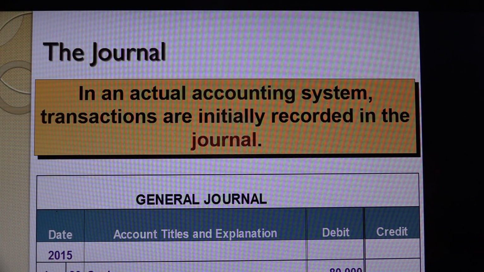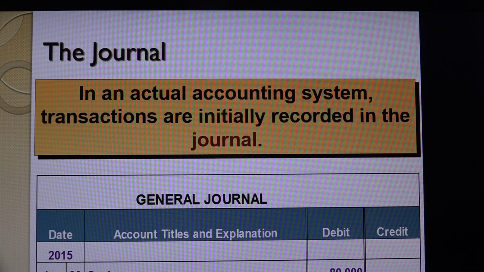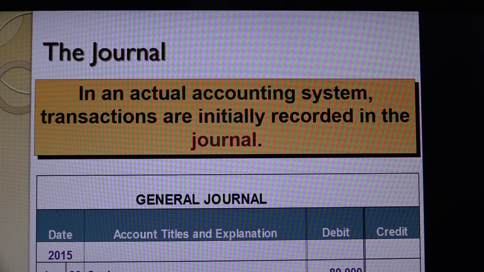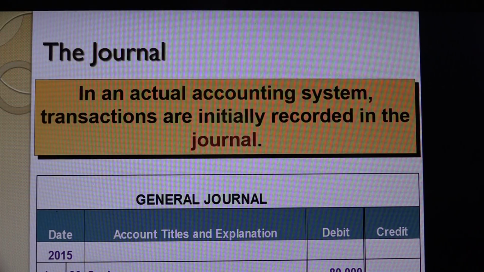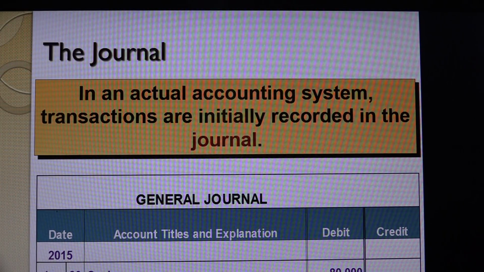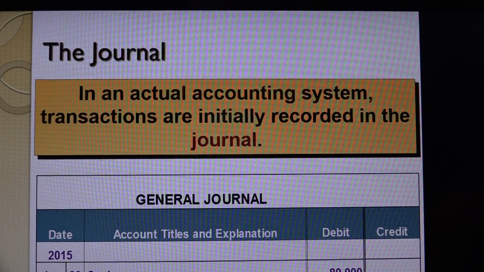So why do we do this? Well, the general journal, like I said, accounts for most everyday transactions, and it's simply the one place to go to record all transactions that are routine.